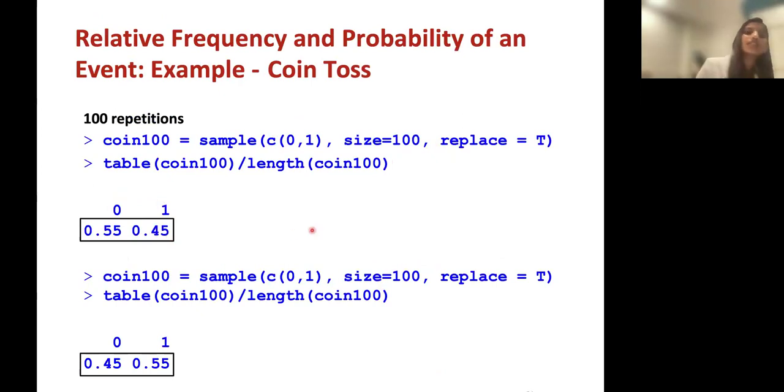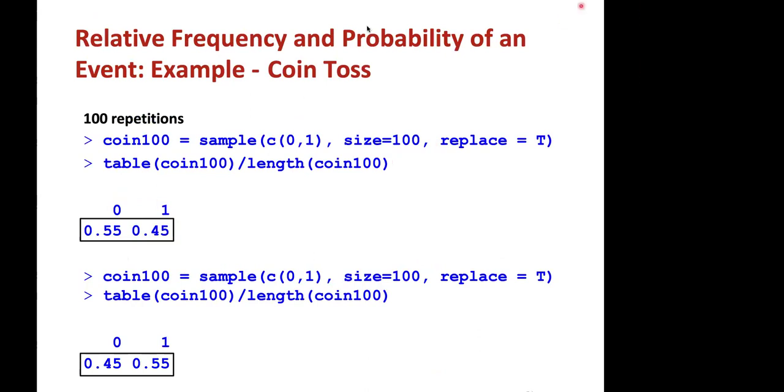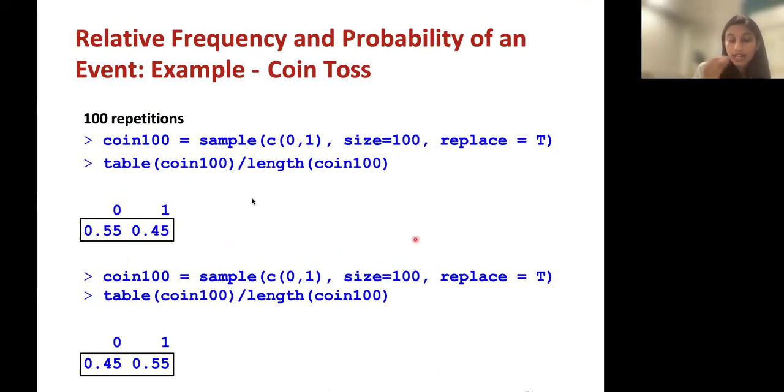So compared to when you conduct the experiment 10 times, when you do 100 times, the values are converging towards 0.5. So this is almost close to 0.5. 0 is also almost close to 0.5. 1 is also close to 0.5 here, like head and tail.